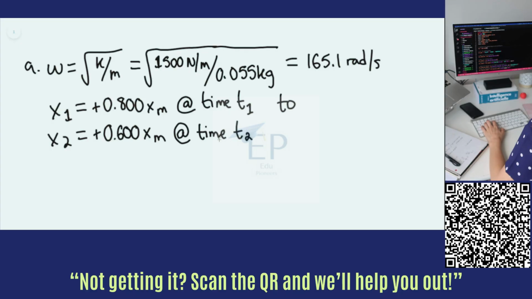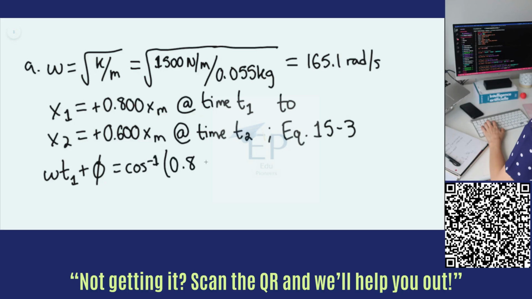We can then use equation 15.3. Omega times t sub 1 plus the phase constant phi is equal to arc cosine of 0.800, which is equal to 0.6435 radians.